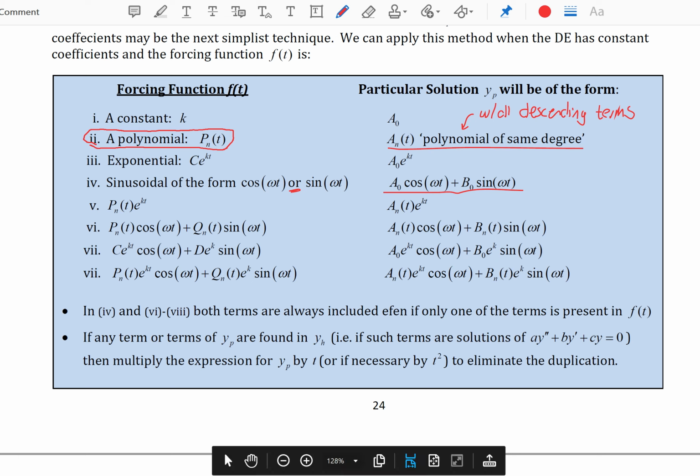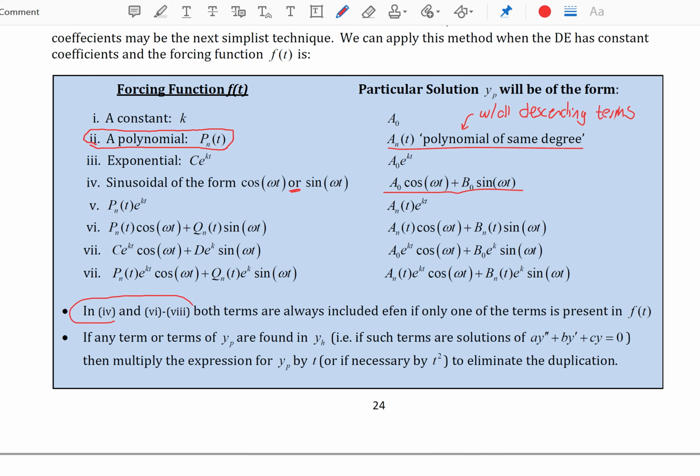And remember our first note. In 4 and 6 through 8, both terms are always included, even if only one of the terms is present in your forcing function. So even though ours only has a cosine function, we have to guess a function that has both sines and cosines.